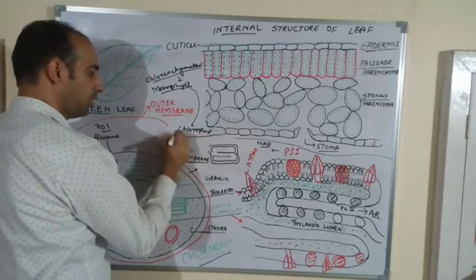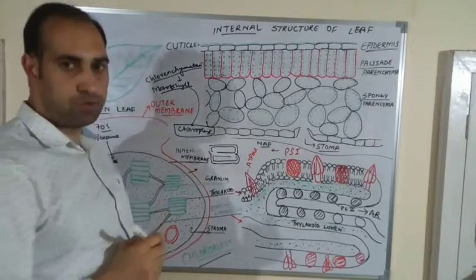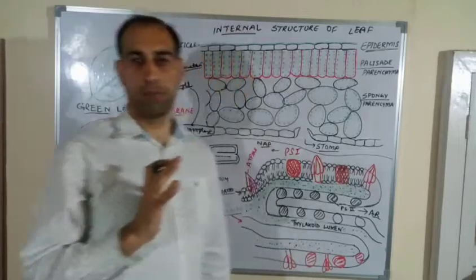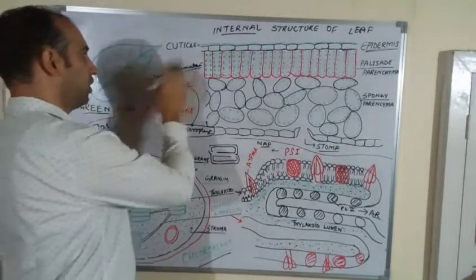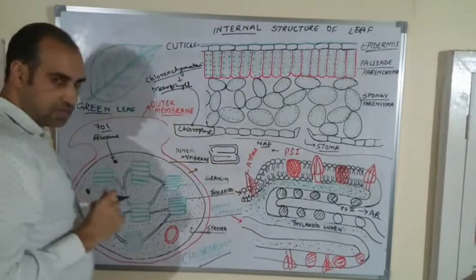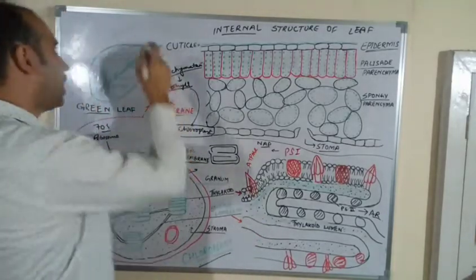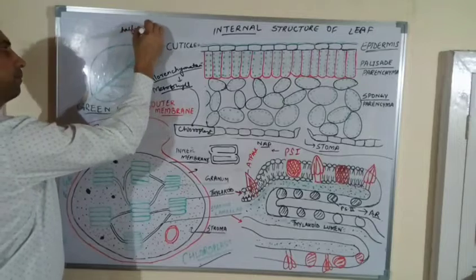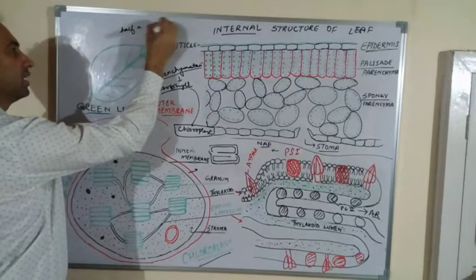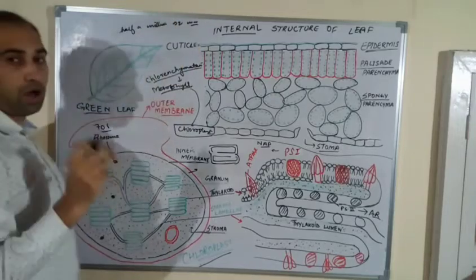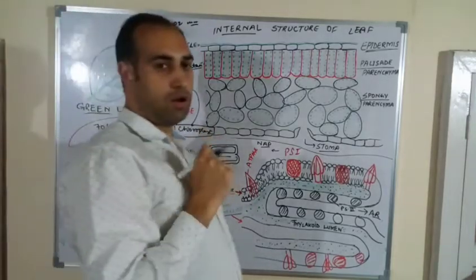Okay, this is a specialized type of plastid found in the chlorenchymatous cell, that is, all the green portions of the plant body. When we see it in the leaves, its number is about 500,000 per square millimeter. In 1 millimeter there are about 500,000 chloroplast organelles.